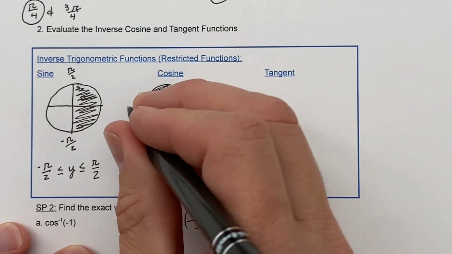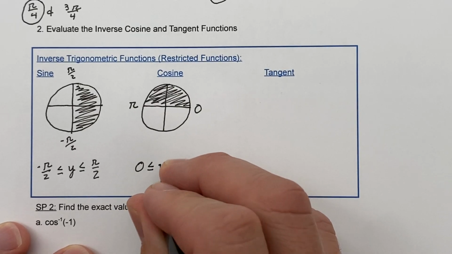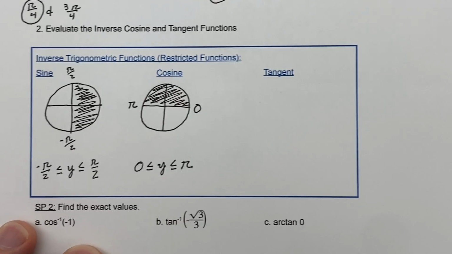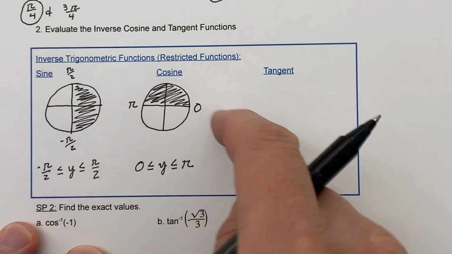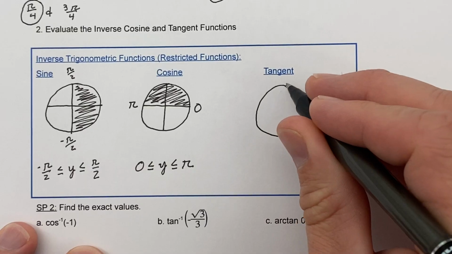That range is from 0 to pi. Don't really have a reason for that one. I just know that sine and cosine are not the same, so sine's on the right and cosine's on the top. If you come up with one, let me know.